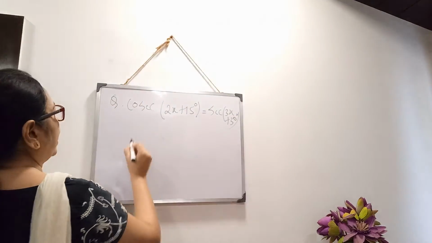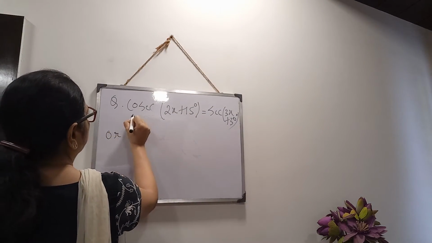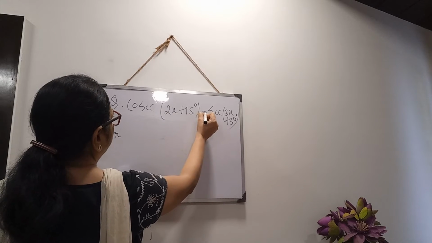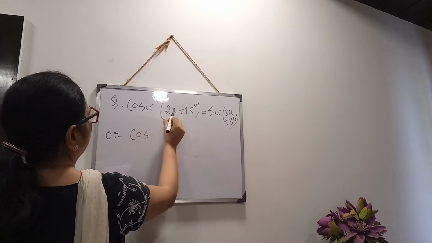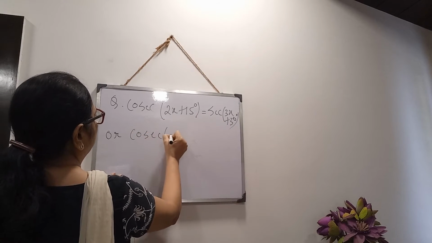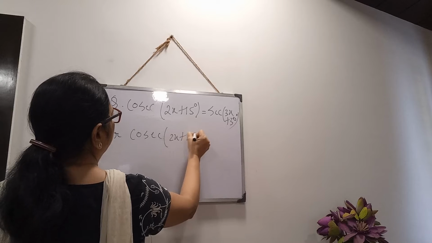I have told in previous sums that when cosec and sec have an equal sign given in between them, these are complementary angles. Clear? So what can we write?